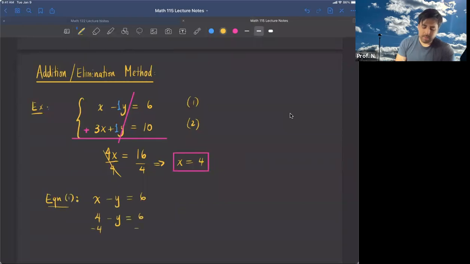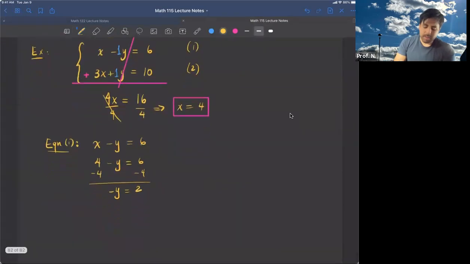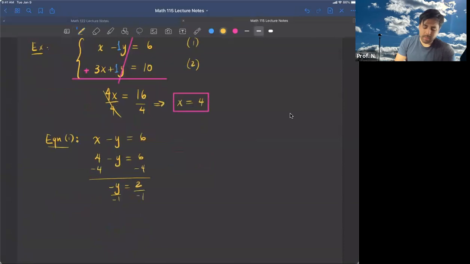Subtract by 4, subtract by 4. And I get that negative y equals positive 2. Which means that if I divide by negative 1, I get that y equals negative 2. So then what's my solution? My solution is 4 comma negative 2.